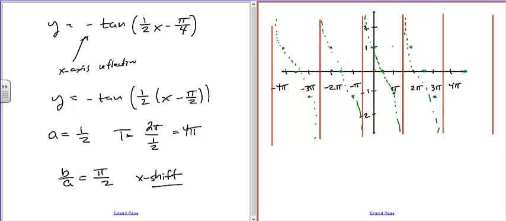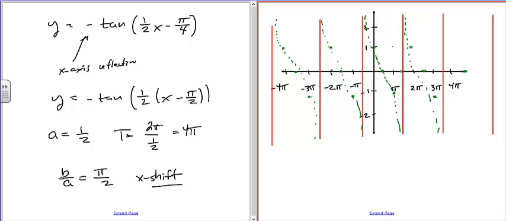So we move that pi over 2 to the left, and then the vertical asymptotes were plus or minus a quarter period. Well, total period is 4 pi, so a quarter of 4 pi is pi. So we went pi this way and we went pi that way.